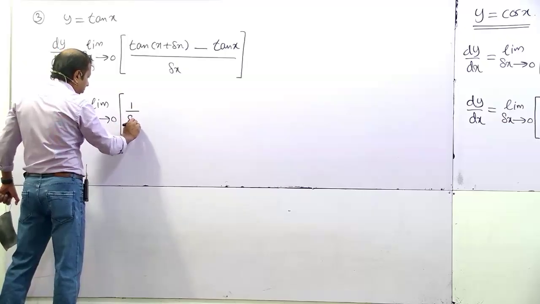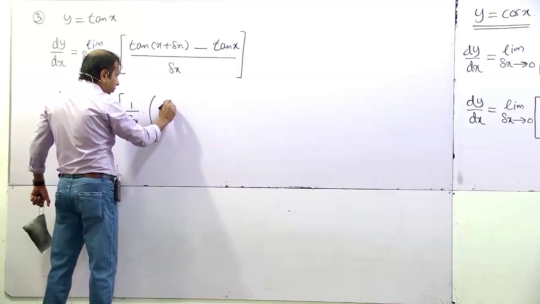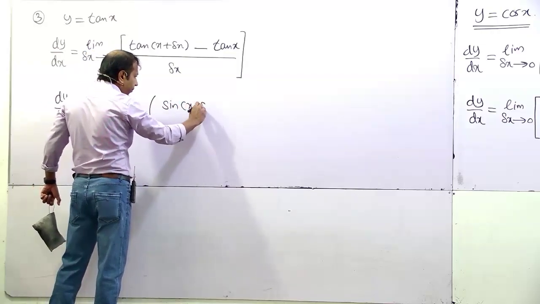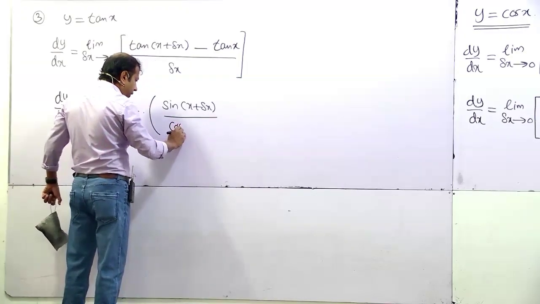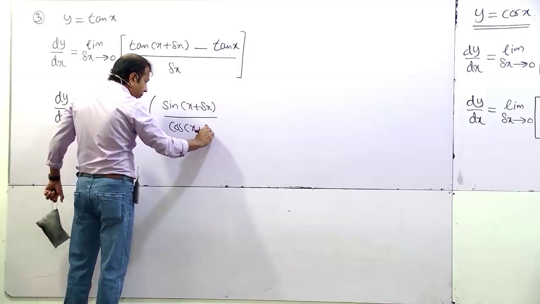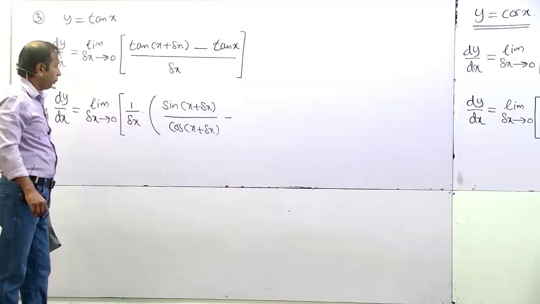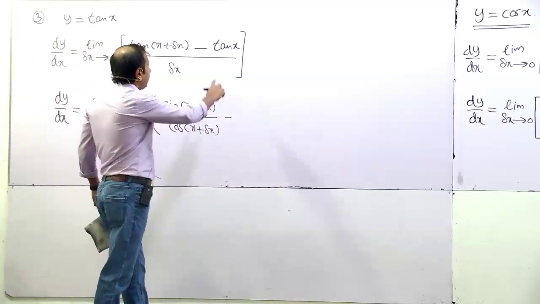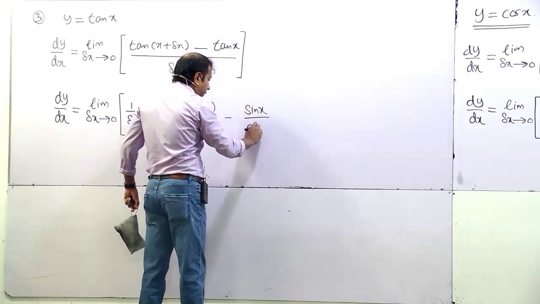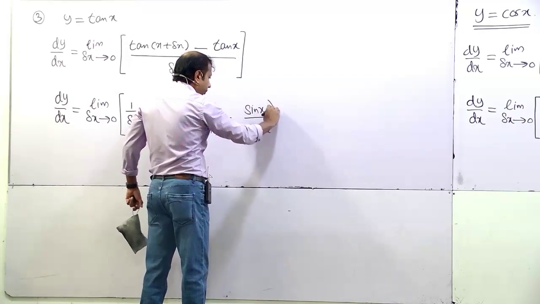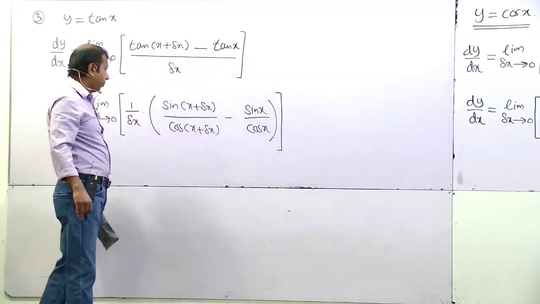One over delta x, sin of x plus delta x divided by cos of x plus delta x, minus sin x divided by cos x.